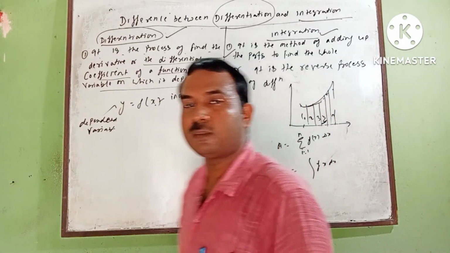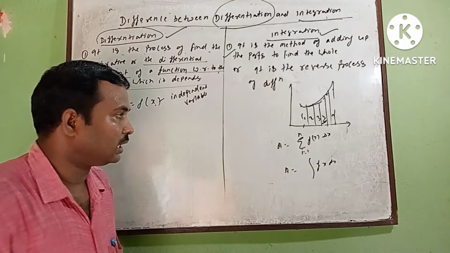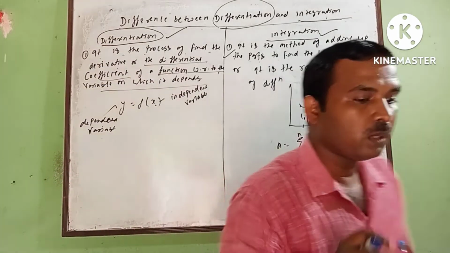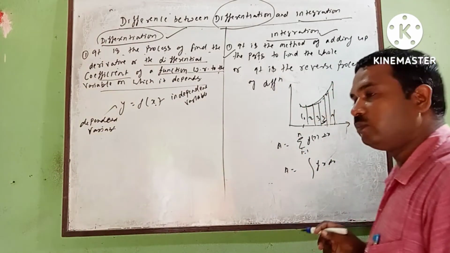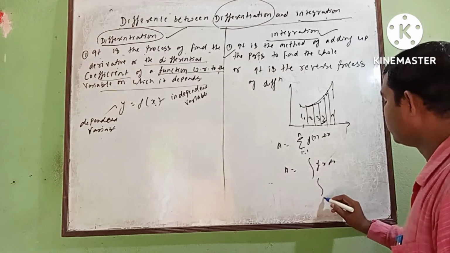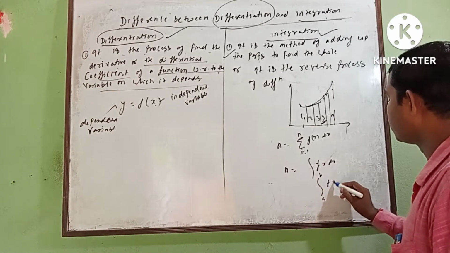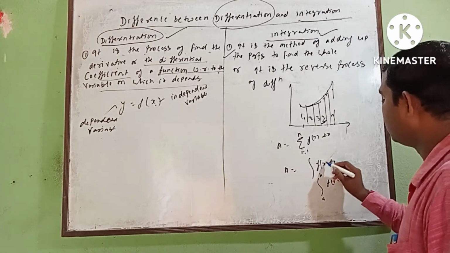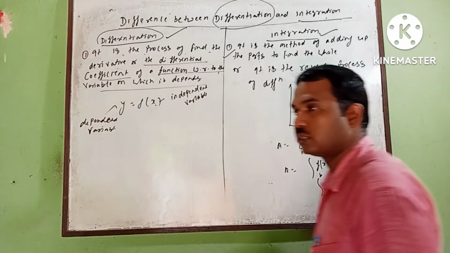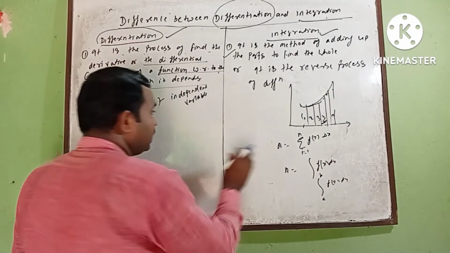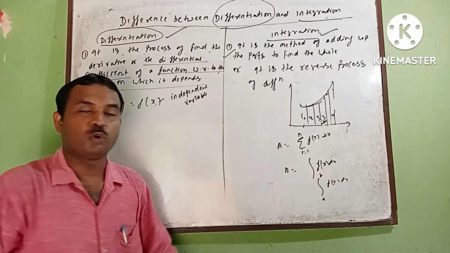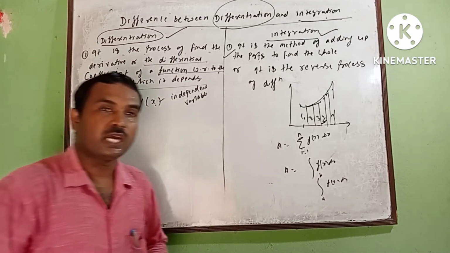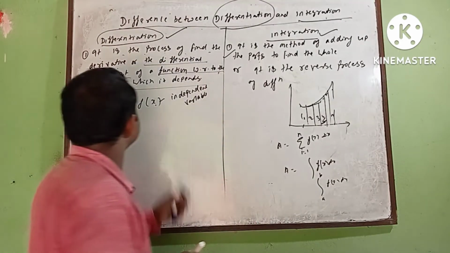Sometimes if any particular points are given, we can take the limits also. Limits means suppose a to b, integral of f(x) dx, and then we can find their integration. So integration and differentiation are the reverse of each other.